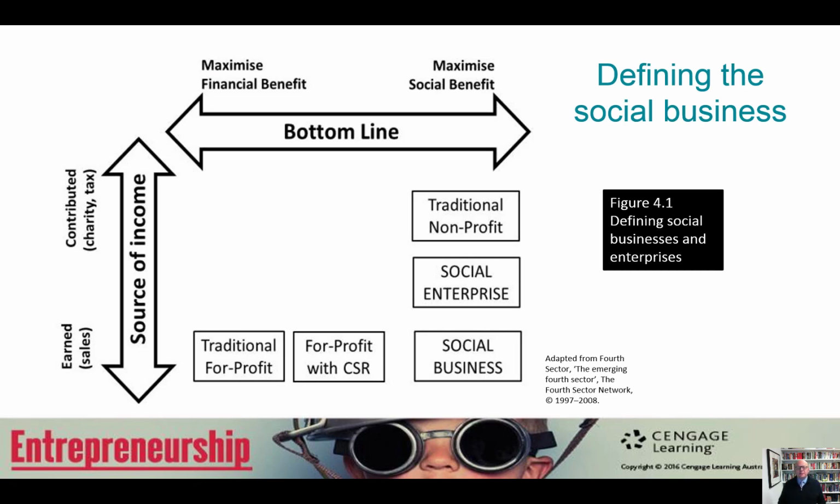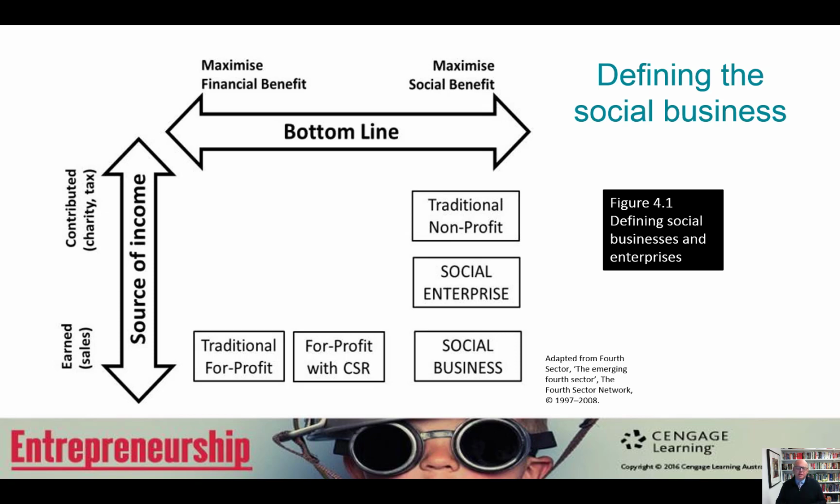Social business does tend to often blur the lines between normal business and not-for-profit organisations. What this figure does, and it's discussed a little bit in your book, is try to explain where the social enterprise space, or the social business space, is.